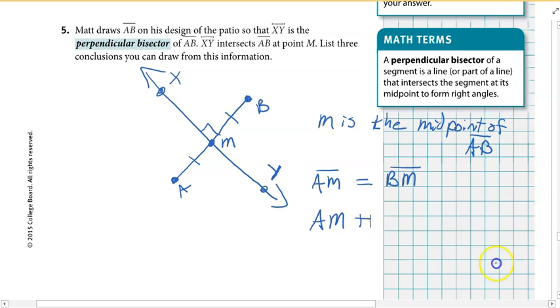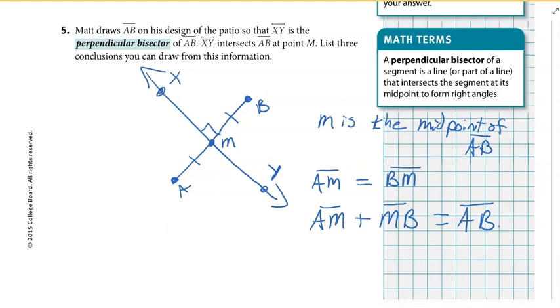I'll write it so it makes more sense. Because it's bisected, I know that it's cut into 2 equal parts. Those 2 halves are equal. And then segment addition says one half plus the other half has to add up to equal the whole thing. AM plus MB does equal the whole thing, AB. Obviously, if it's bisected, M is going to be the midpoint.